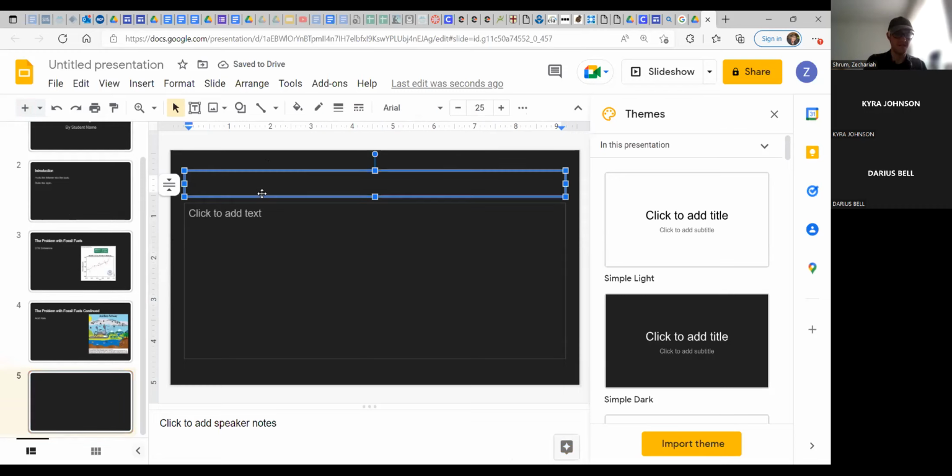Then we're talking about biomass. And an alternative to fossil fuels.